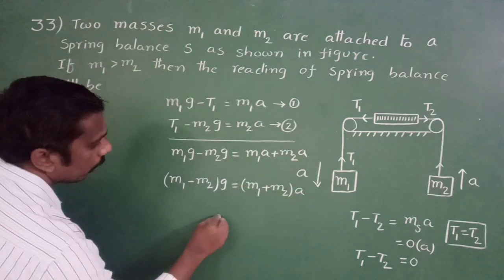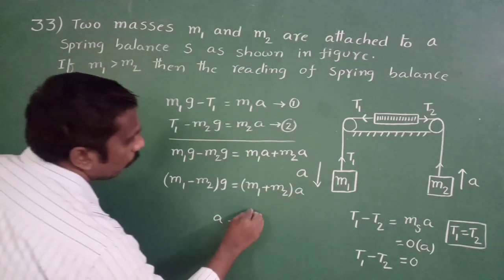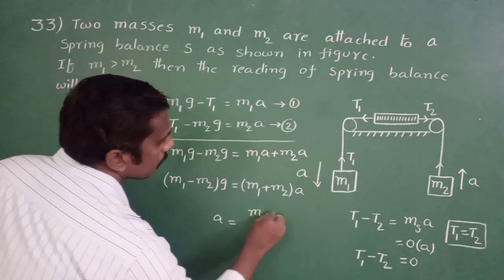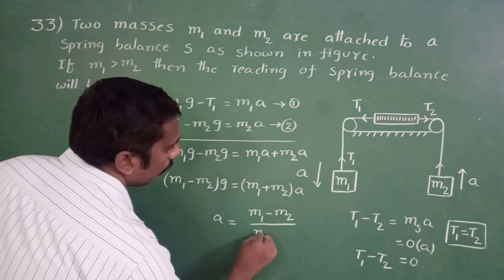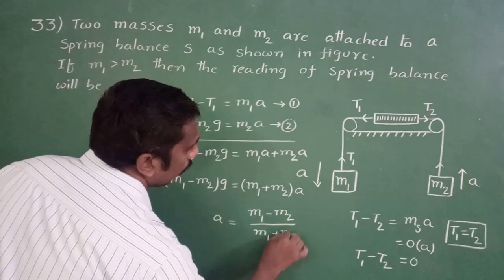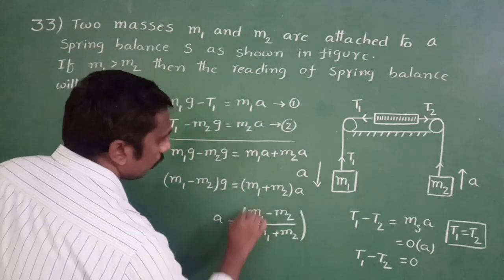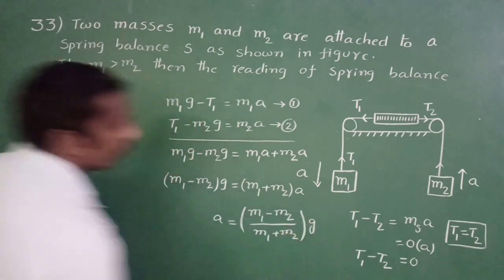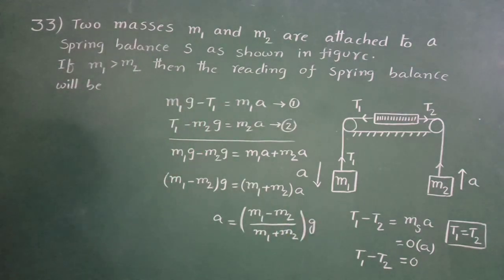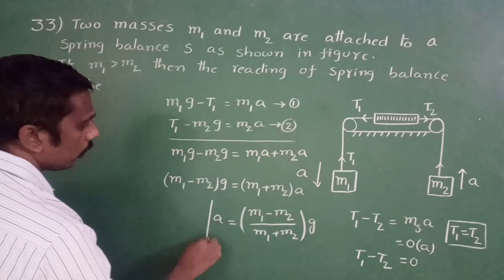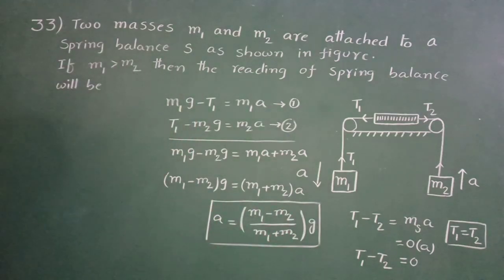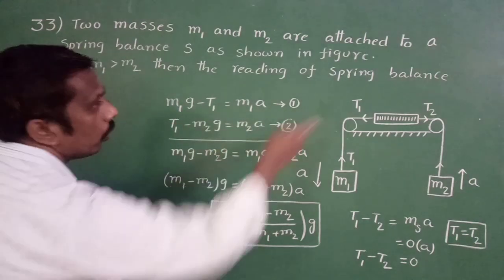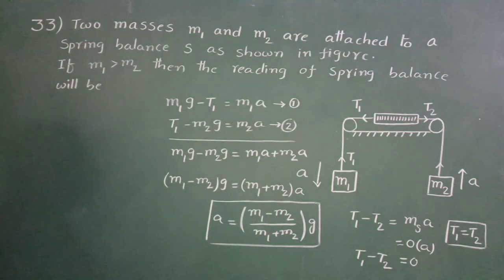Finally we get acceleration a is equal to (m1 minus m2) by (m1 plus m2) into g. That is the acceleration value. This acceleration value substituted in either equation 1 or equation 2 gives the tension. This tension is equal to the reading in the spring balance.